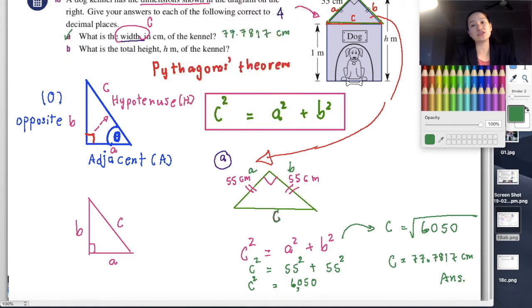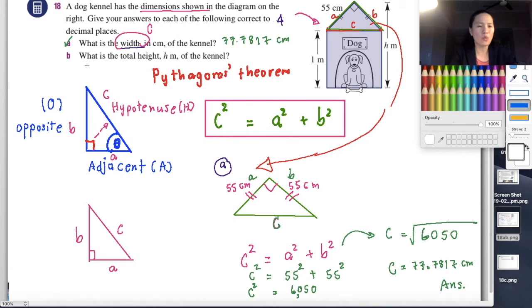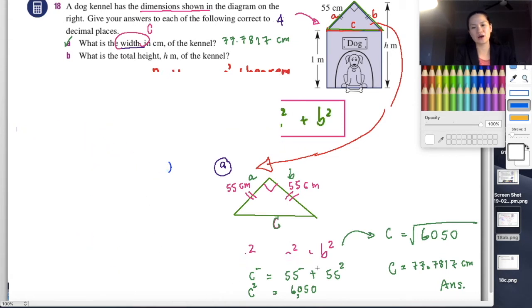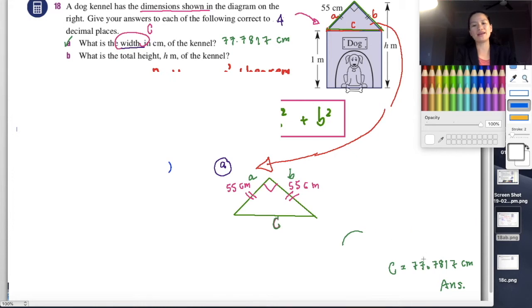Okay, what I'm going to do, I'm going to delete everything that's not related. But what they want you to find is the total height, in centimeters, of the kennel. Okay, I delete it. But I know that C equals 77.7817.